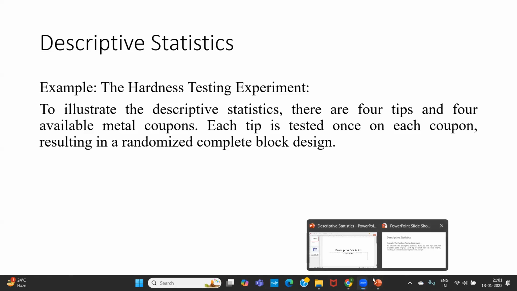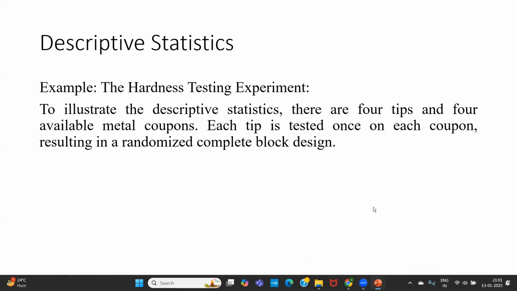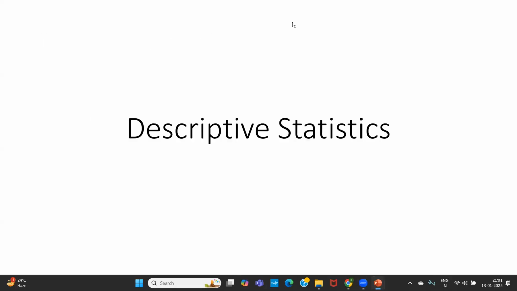There are 4 tips and 4 available metal coupons. Each tip is tested once on each coupon, resulting in a randomized block design.